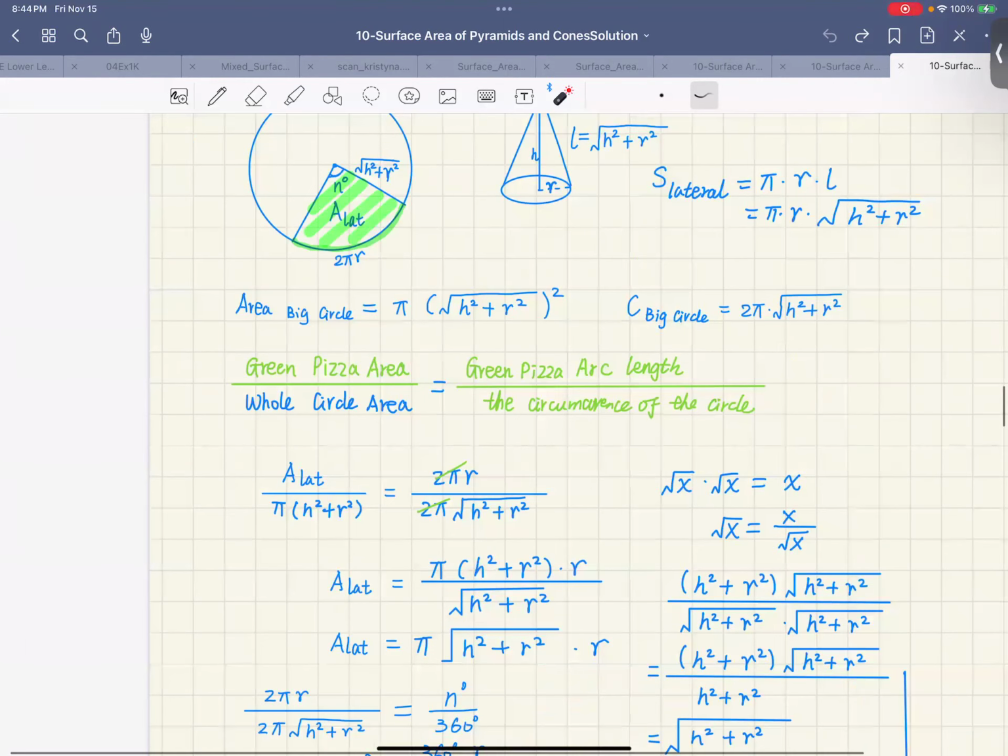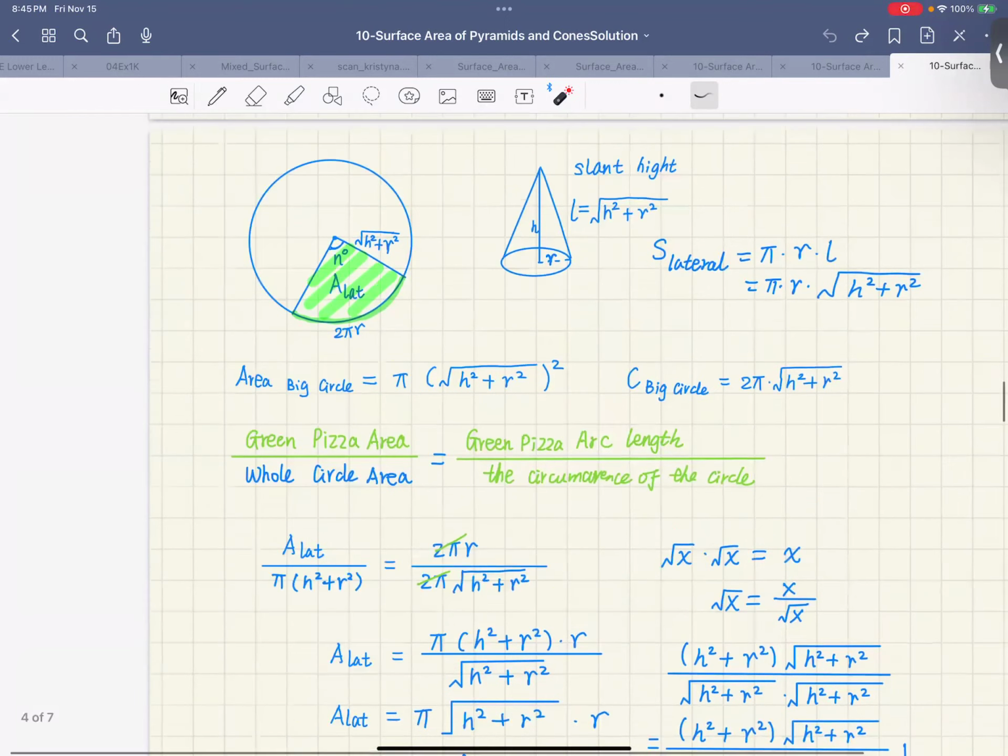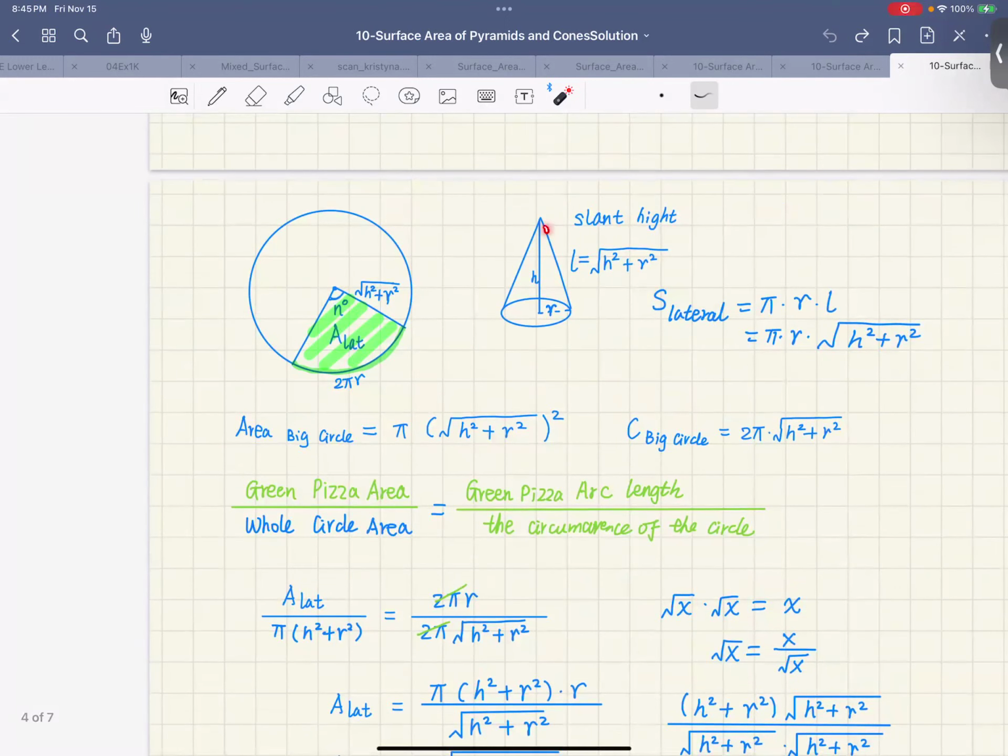So the lateral surface will be pi times that times that. Okay? That's it. Now, if you think this is too much to remember, we have an easy version to help you remember. The area of this lateral surface is pi times r times L. The radius of the bottom circle times the slant height times pi will be this green area.